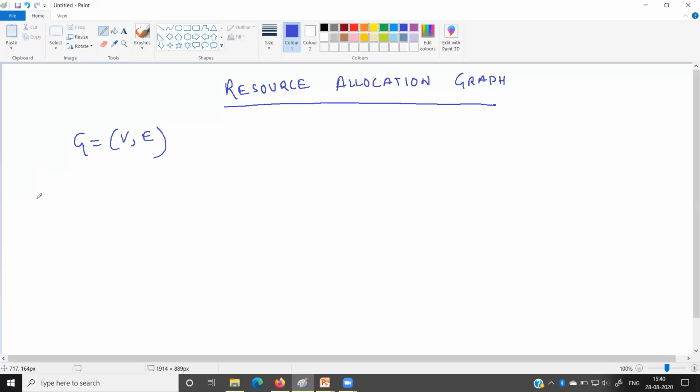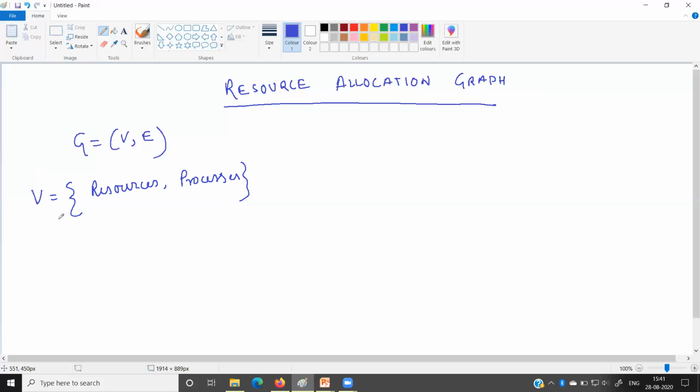Here the vertices V can be the set of resources and the set of processes. So all the resources and processes are symbolized by vertices.